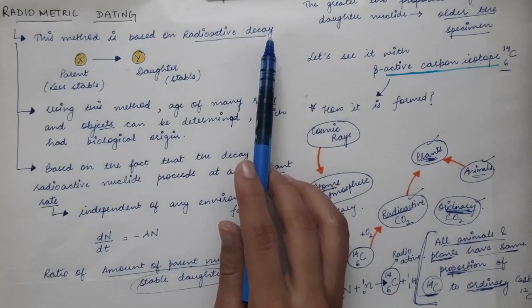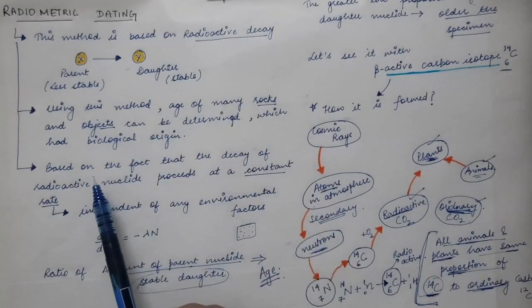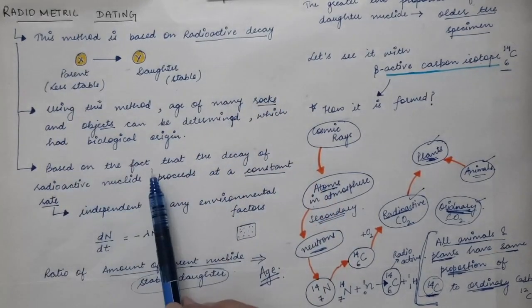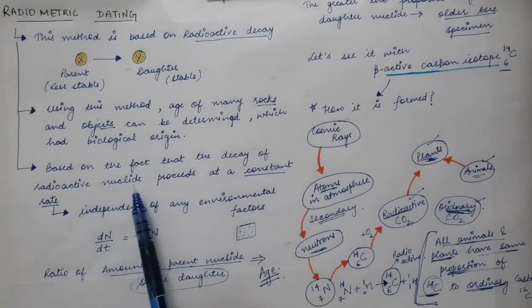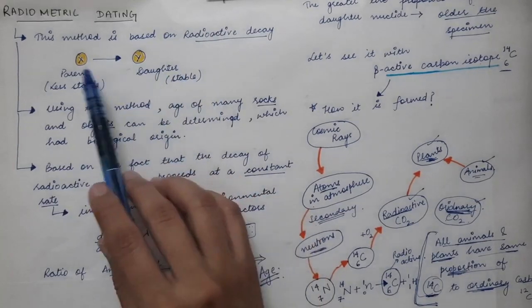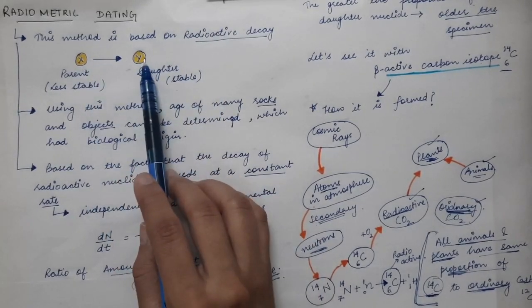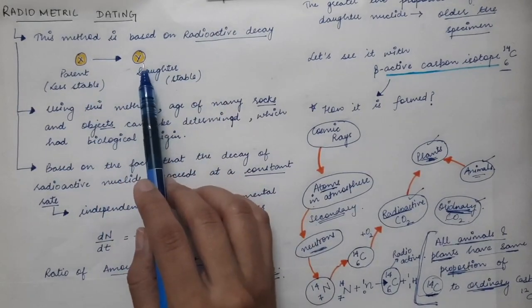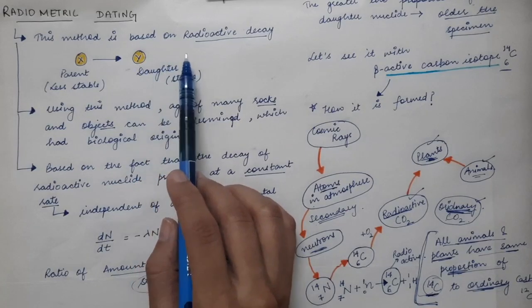Now this method is based on the fact that the decay of a radioactive nuclide proceeds at a constant rate. That is, the nuclei decays into a daughter nuclei and it is not affected by any environmental conditions.